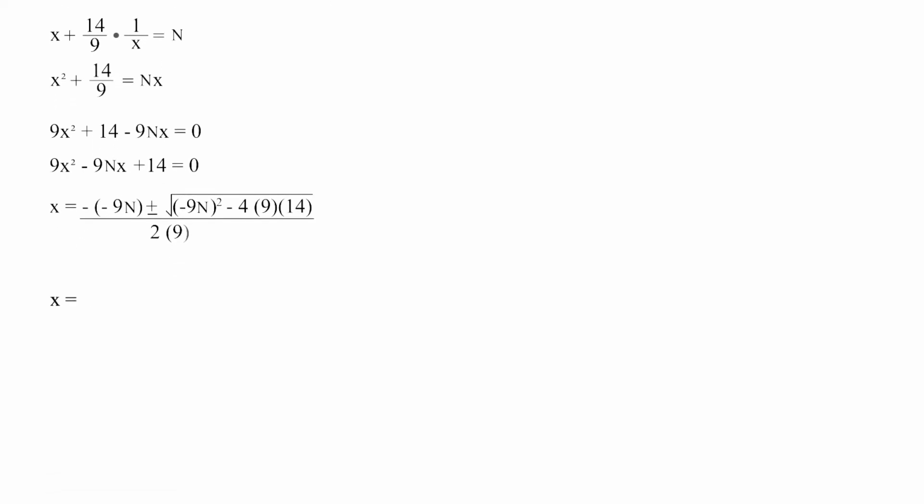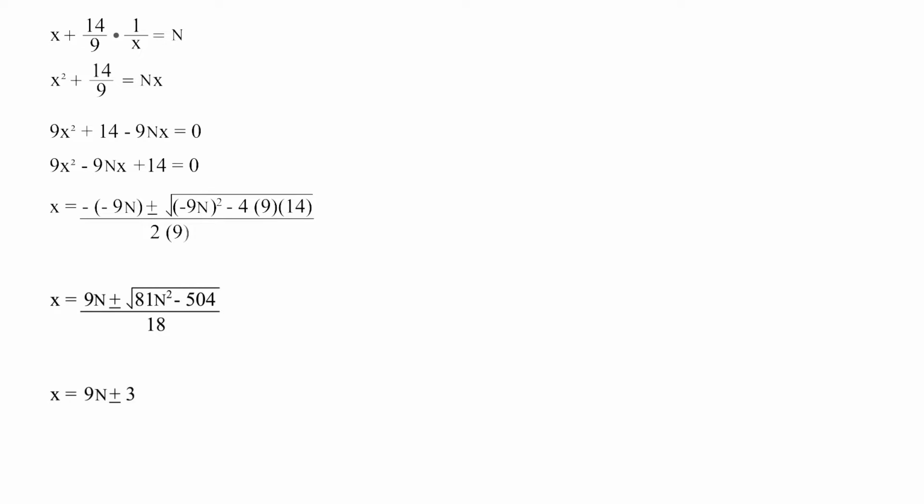Now x simplified becomes 9n plus or minus the square root of 81n squared minus 504, all over 18. Simplifying this a little bit further, this gives me 9n plus or minus.